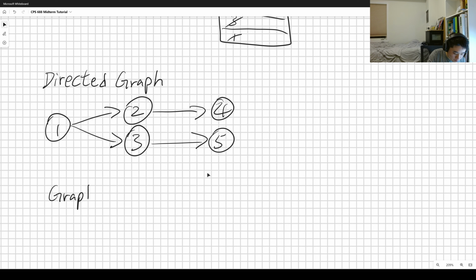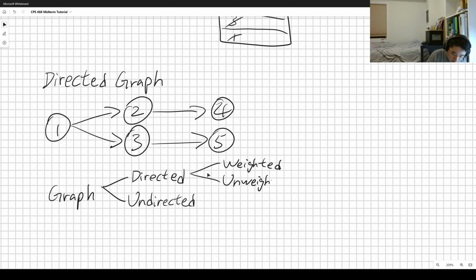So for a graph, we can look at directed or undirected. And in there, you can also make it weighted or unweighted. Same thing for the undirected graph as well.